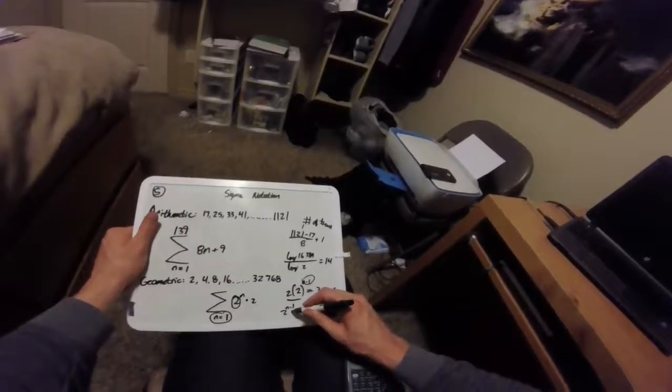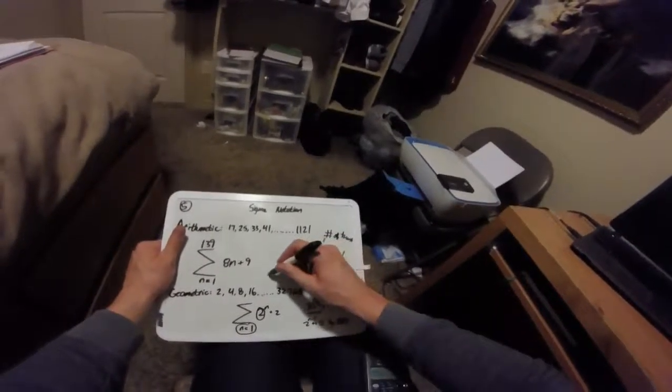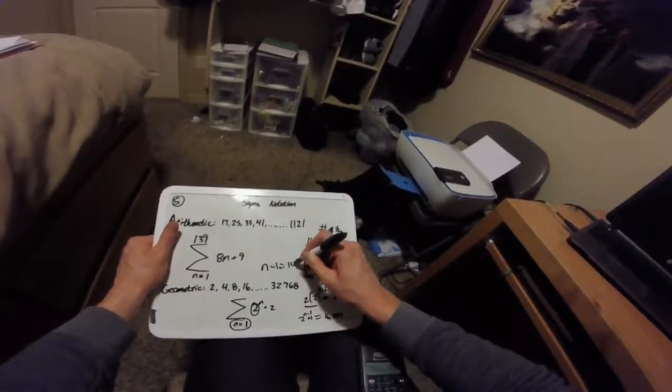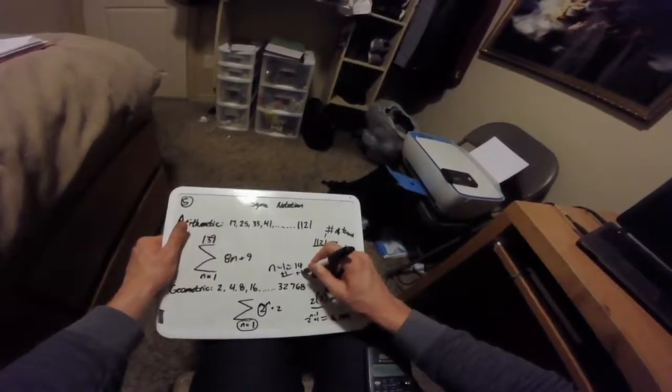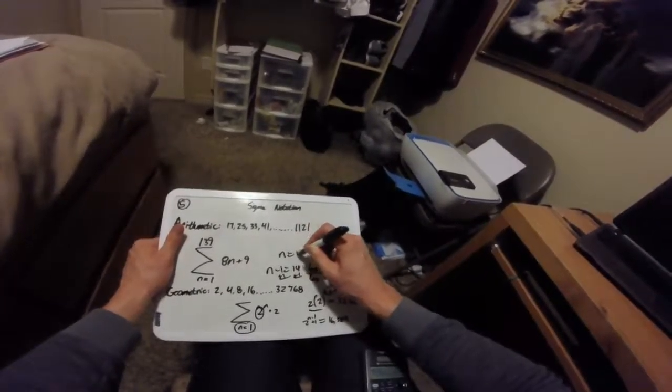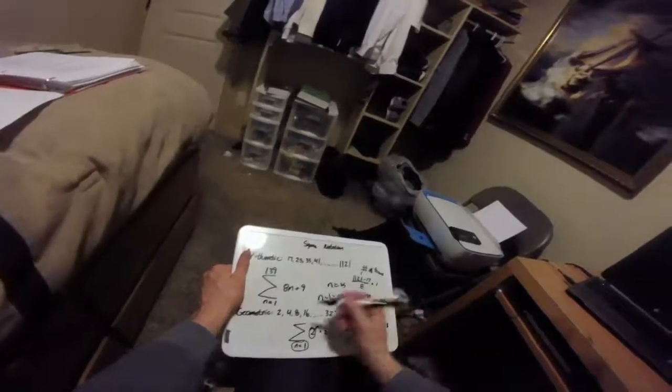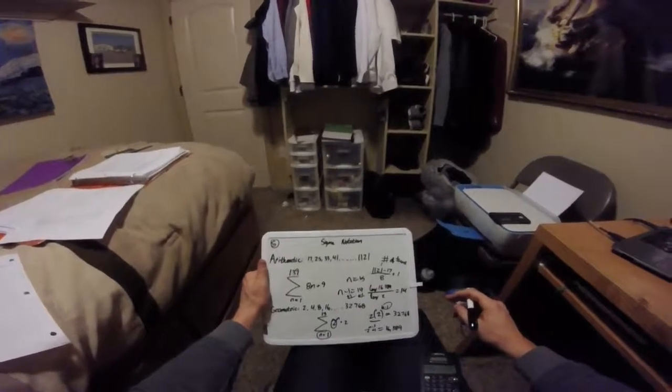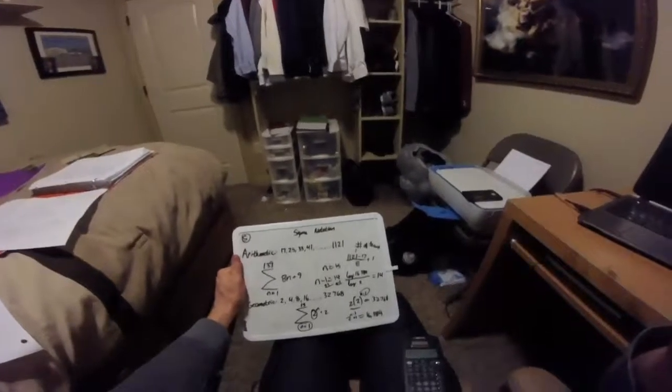So n minus 1 equals 14. Add 1, so n equals 15. So our number of terms for this one is 15. So that is how sigma notation will look for arithmetic and geometric sequences.